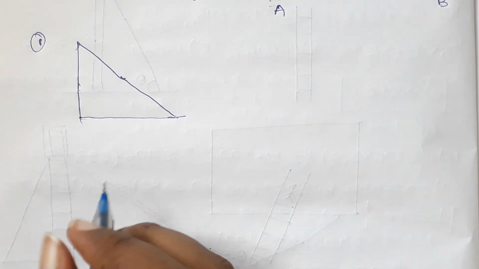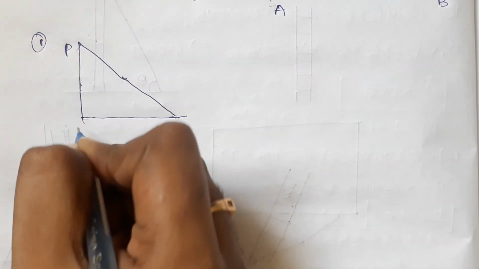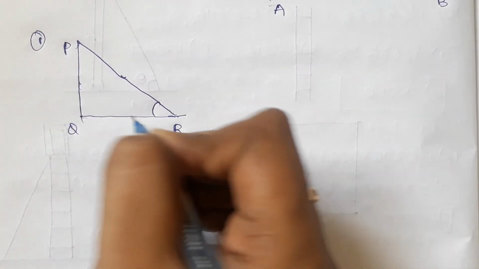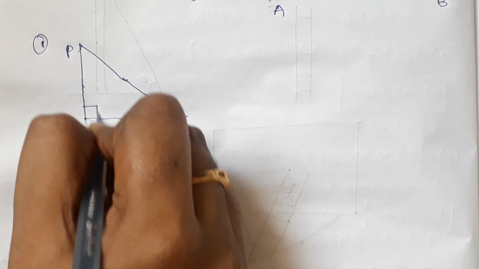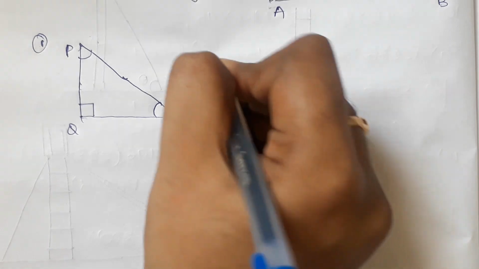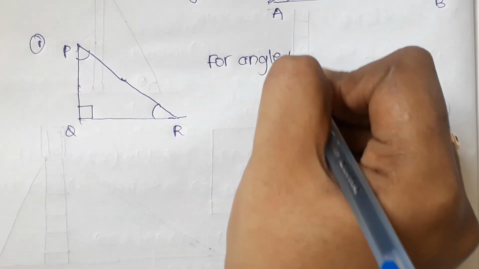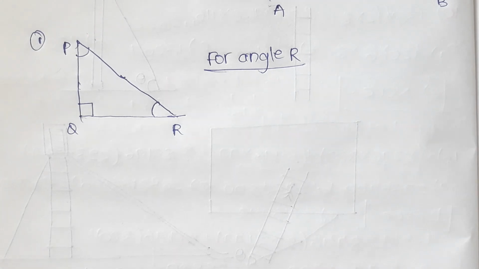This is a right angle triangle PQR. Here the angle at Q is the right angle. Now for angle R we will find the opposite side, hypotenuse and adjacent side.